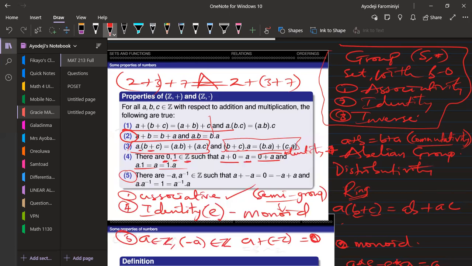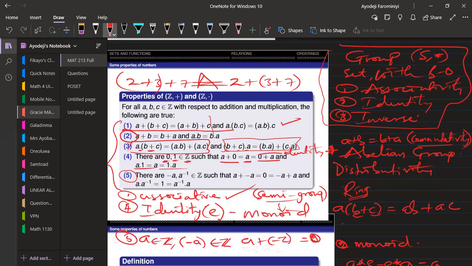Okay, good. So that means we've touched everything here in 1 to 5. But mind you, we only talked about them in addition. So in terms of multiplication, statement number 1 is correct.